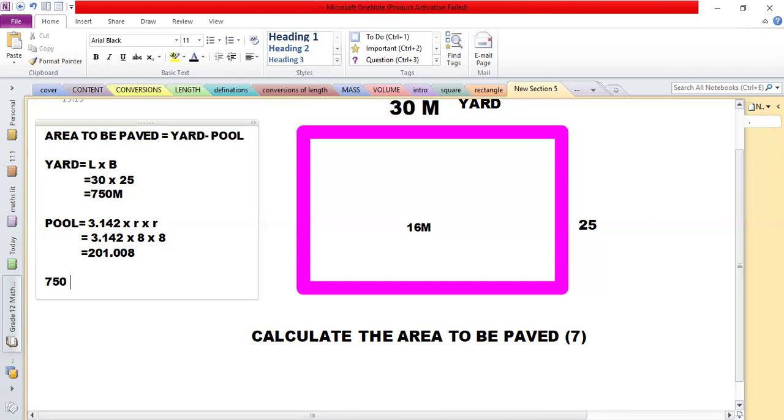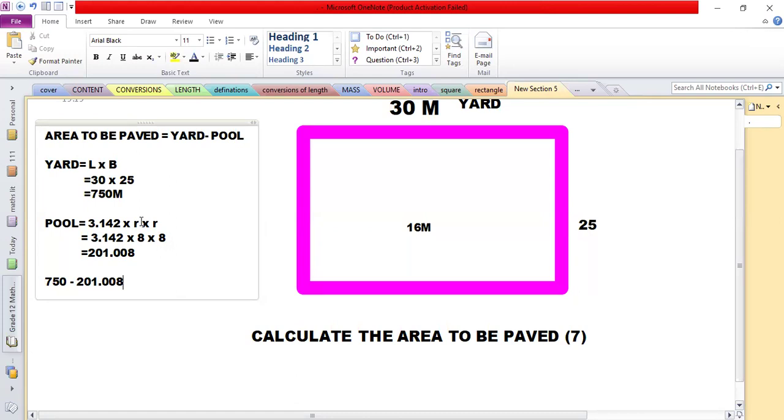Then we have to minus 201,008 from that one. What will be the final answer? I can see other people are commenting their final answer that they've calculated. 750 minus 201,008 is equal to how much?